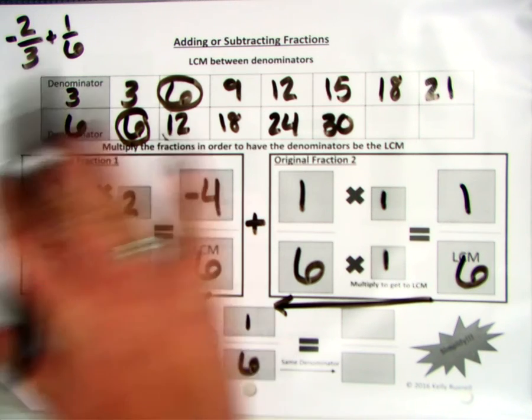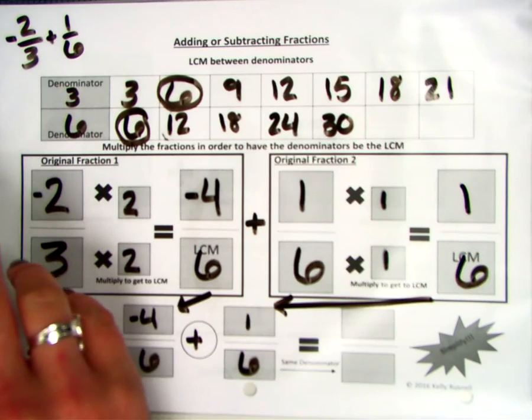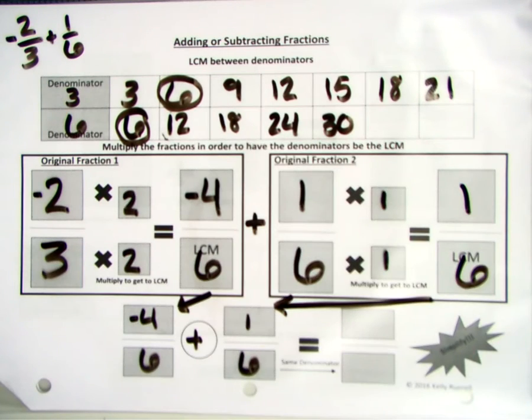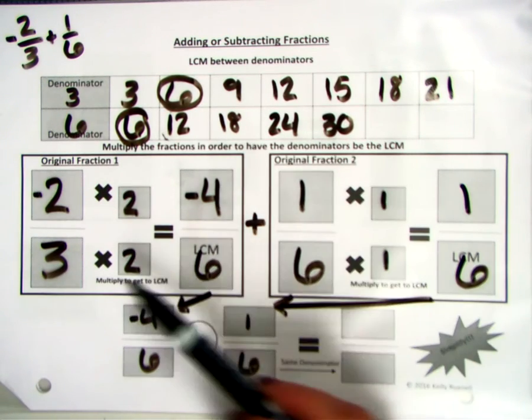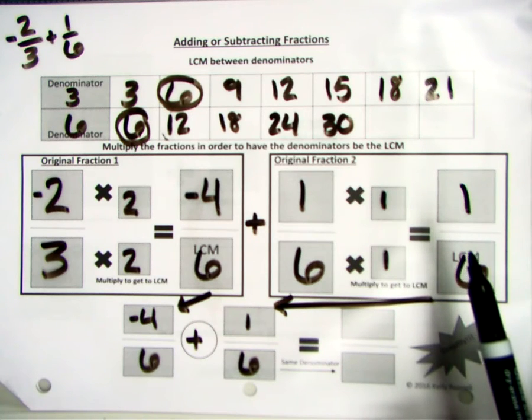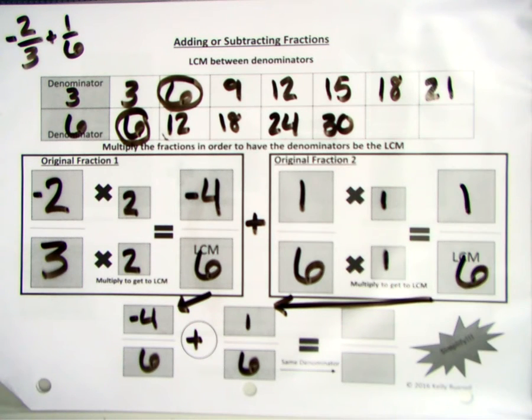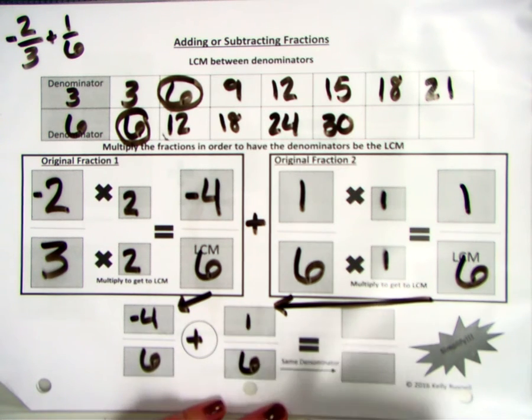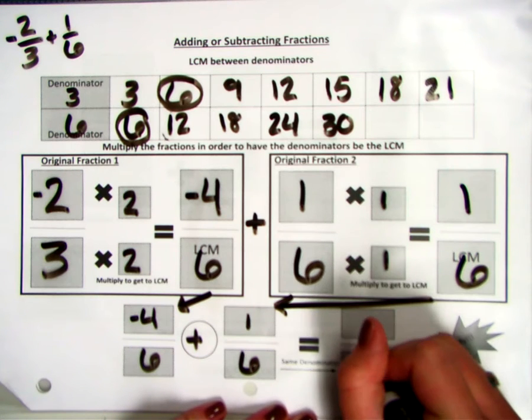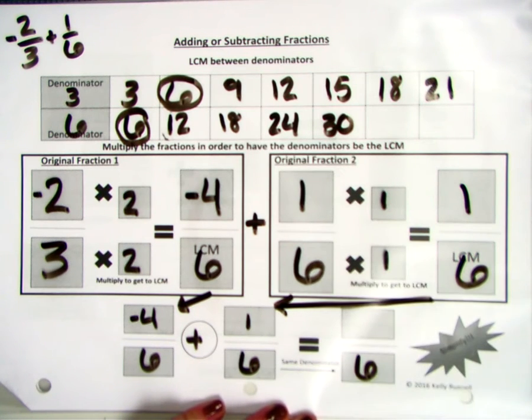You don't have to do any of this top stuff. You have to do this if there's not a same denominator. That's the tricky part. So next we have our denominator, and it says denominator stays the same. So that's going to stay as 6.